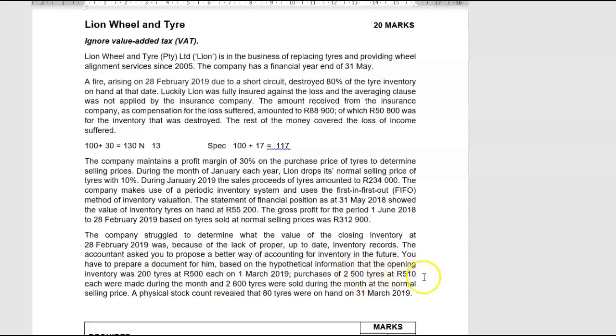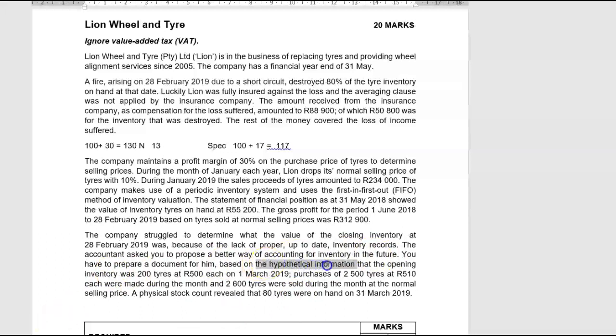Purchases of 2,500 tires at 510 Rand were made during the month, and 2,600 tires were sold during the month at normal selling price. A physical stock count revealed that 80 tires were on hand on 31 March. So this last paragraph is all based on hypothetical information.